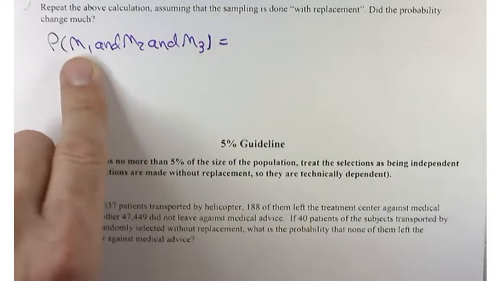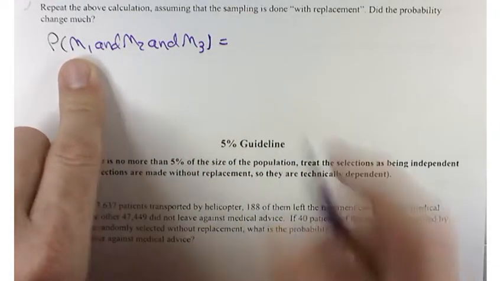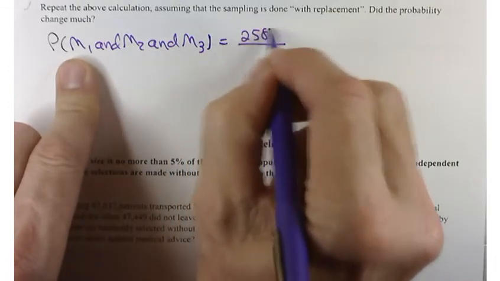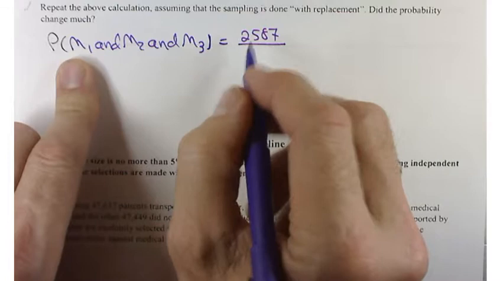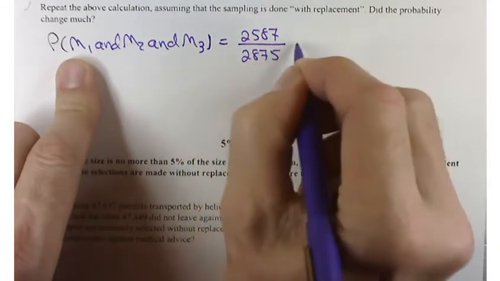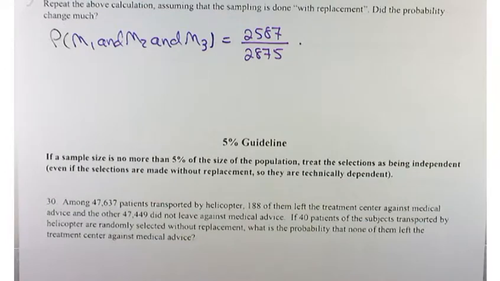Now the first probability is not going to change in any case. So it's just going to be 2587 over 2875. But after you take the first sample out, you look at it, you put it back in, you shuffle the deck, and you take a second sample out.